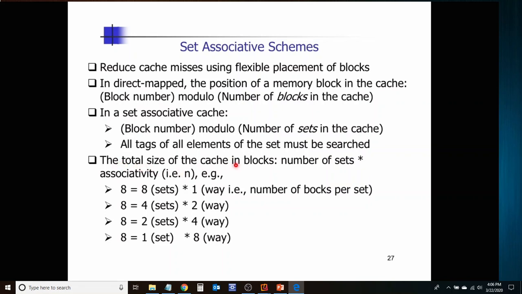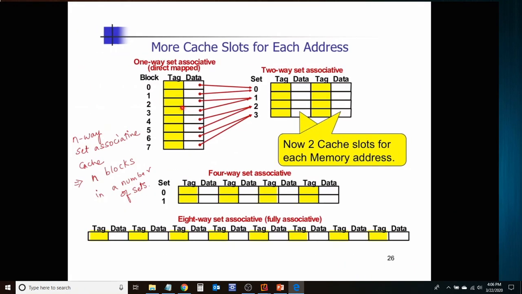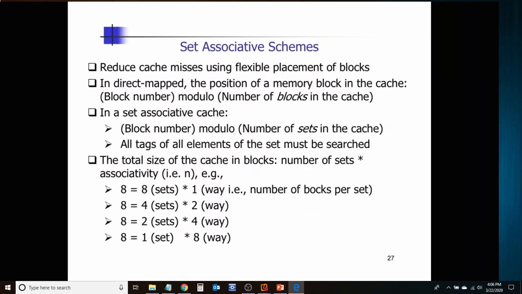The total size of the cache in blocks, you can compute that by simply multiplying the number of sets with the associativity. So in this case, we have one-way set-associative, two-way, four-way, and an 8-way set-associative cache. So those are those numbers over here.